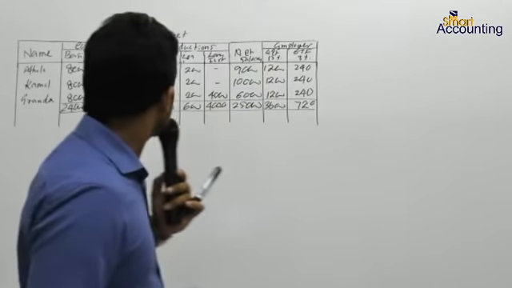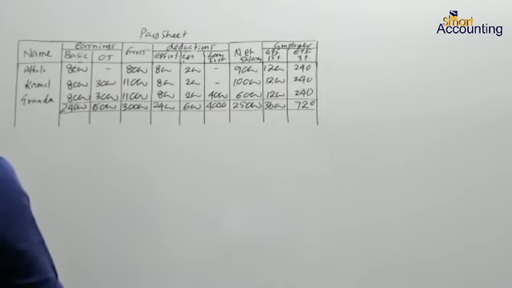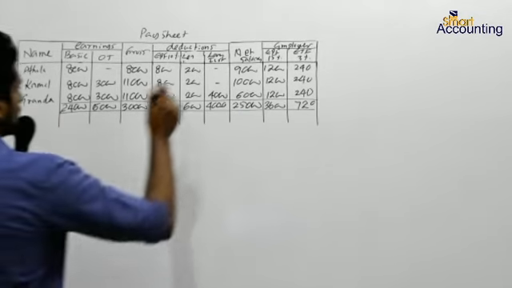Net salary of Atula is incorrect. Yes, 7,000.